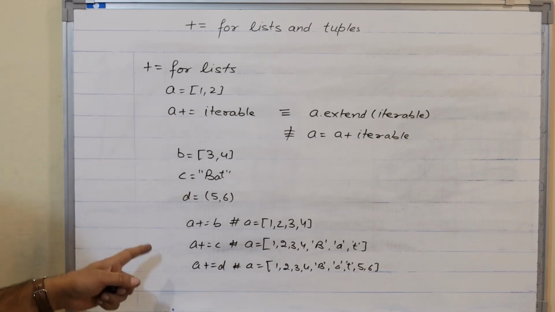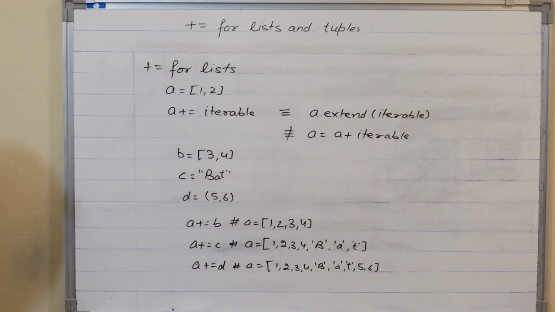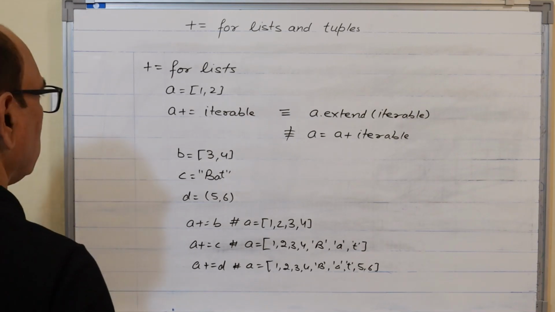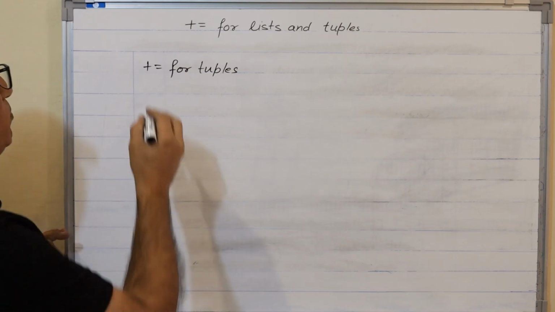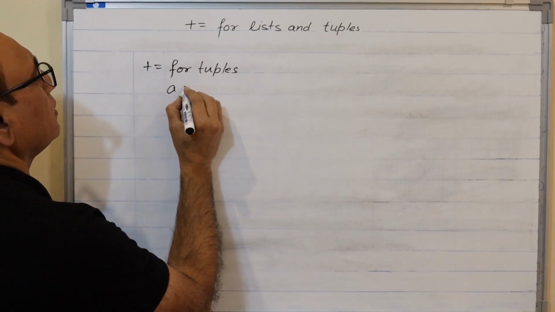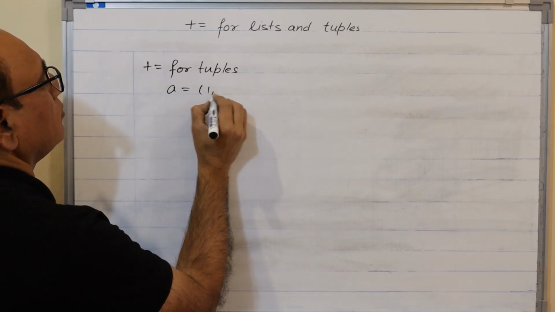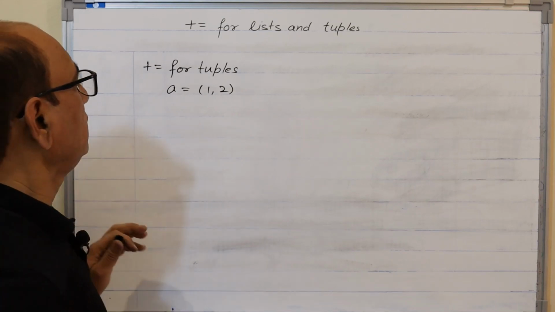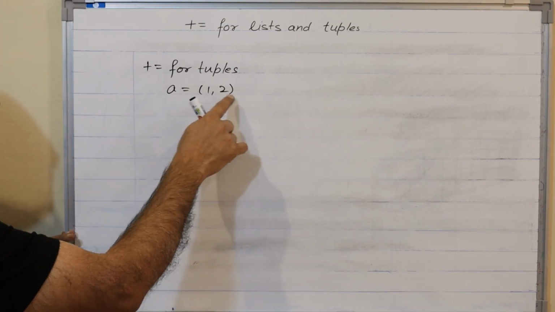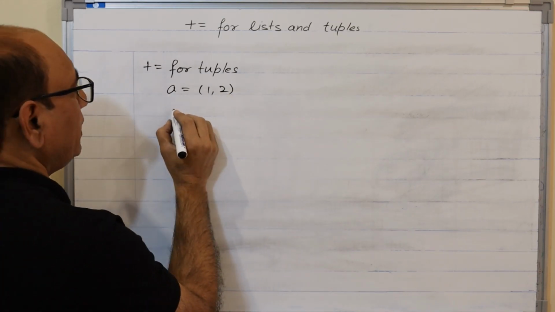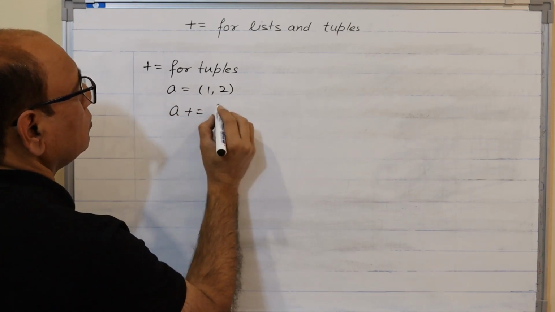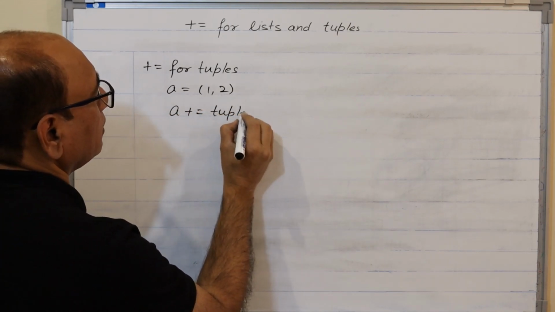And this thing should be very, very clear. Now we come to plus equal to for tuples. Suppose I have a tuple A equal to 1, 2. It is a tuple containing the elements 1 and 2. Now what I can do is A plus equal to any other tuple.